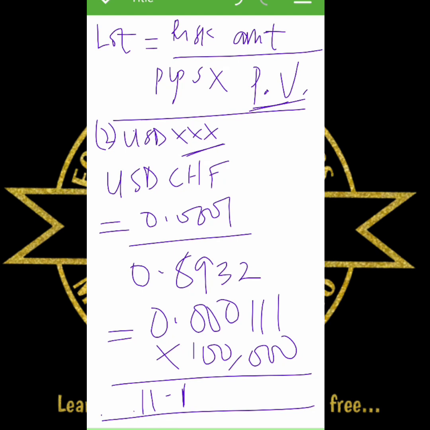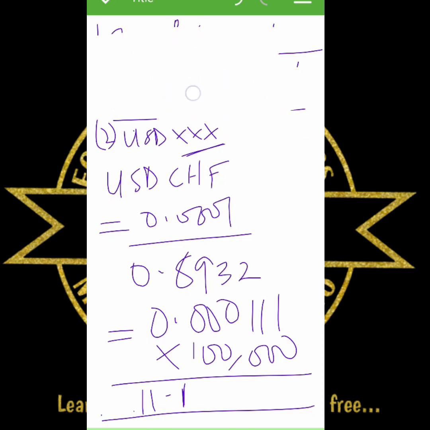Risk amount, the amount you are risking, over number of pips times the pip value. So let's assume, in this example, you are risking 10 pips. So how do you do it?